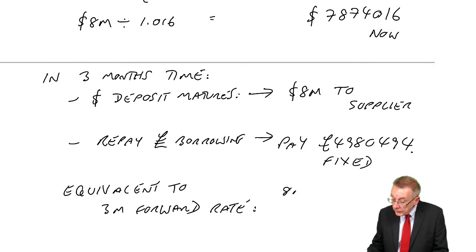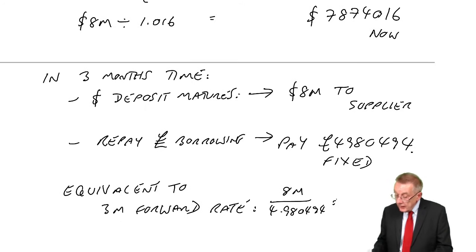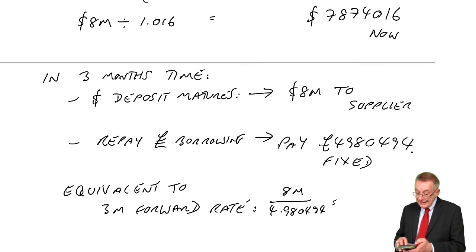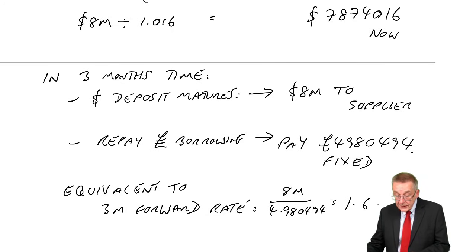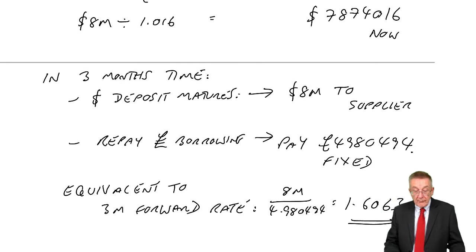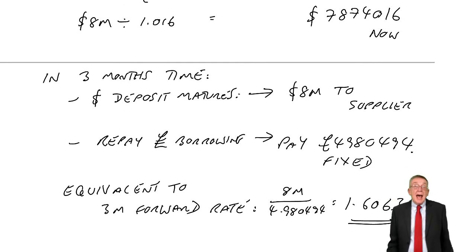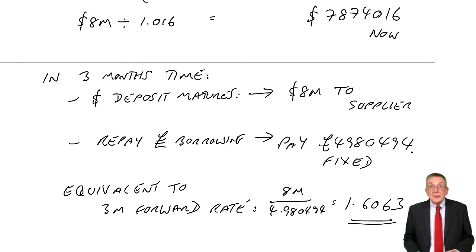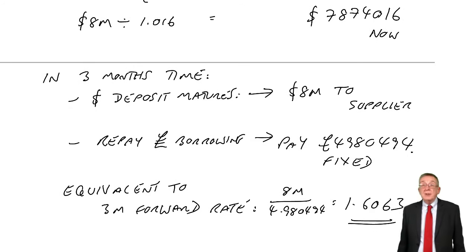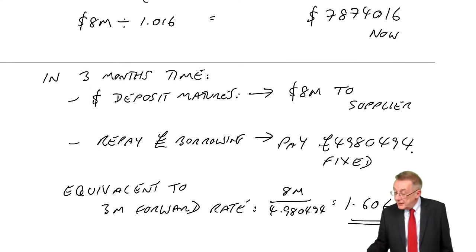And so it's equal to a forward rate of 8 million over 4.980494, which is $1.6063. It's exactly the same. In either case, we've got a fixed amount in 3 months. It's irrelevant what happens to the spot exchange rate.